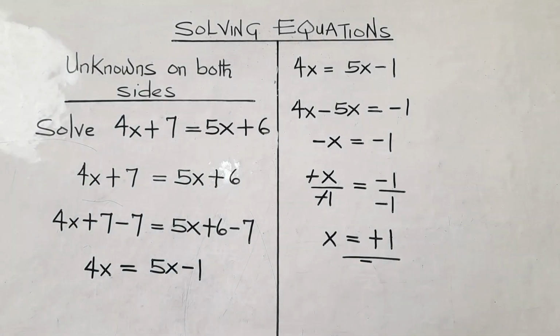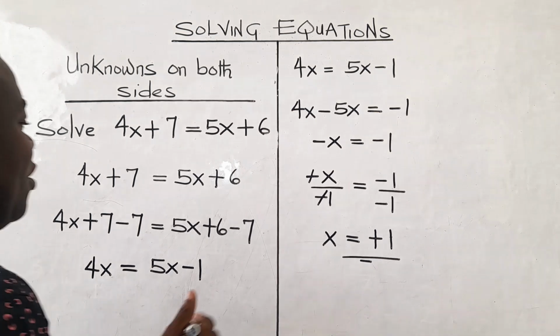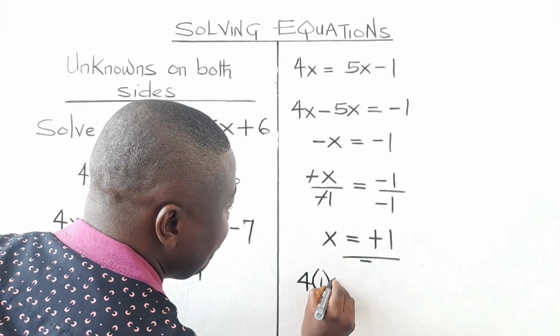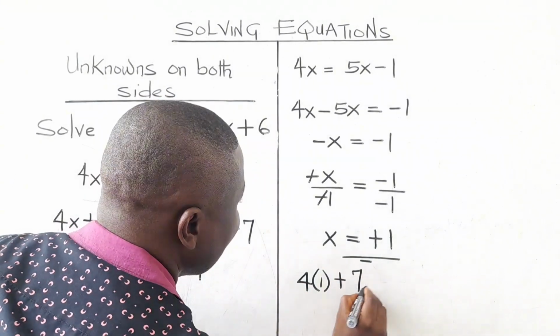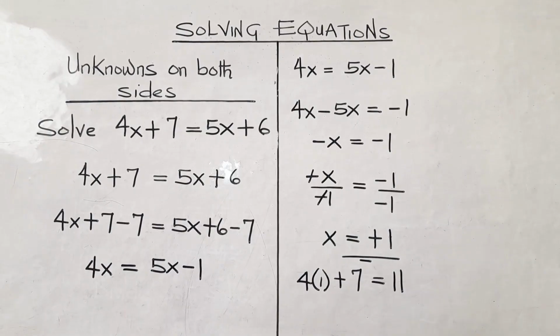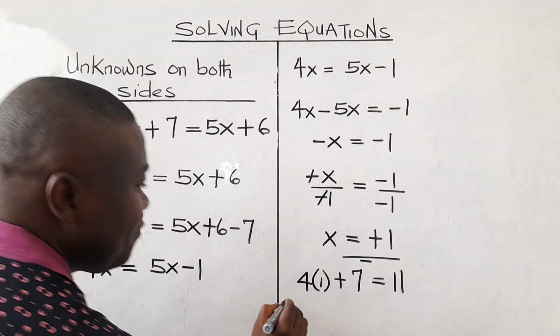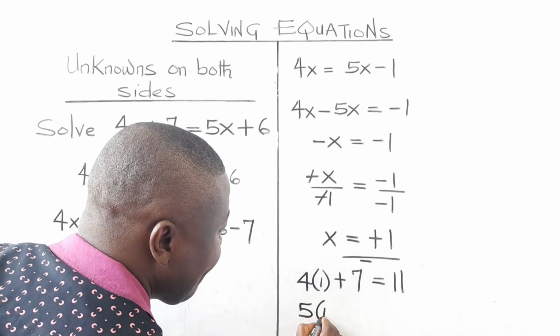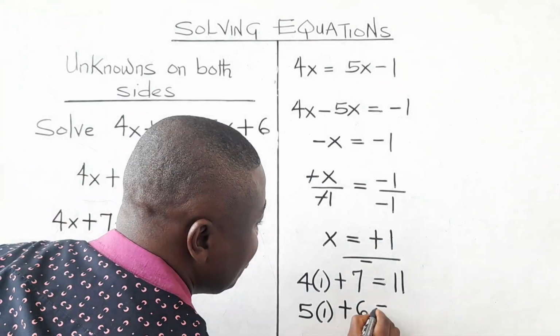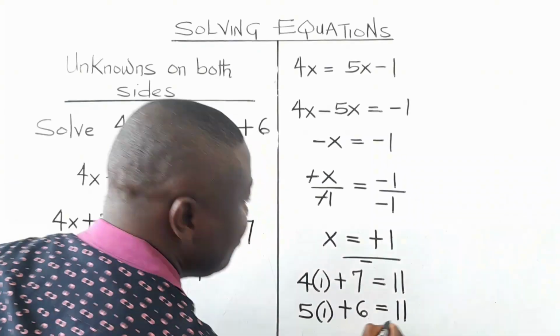If you put it there to check, let's see if you're correct. 4 times 1 plus 7 will give us 11, and 5 times 1 is 5 plus 6 will also give us 11.